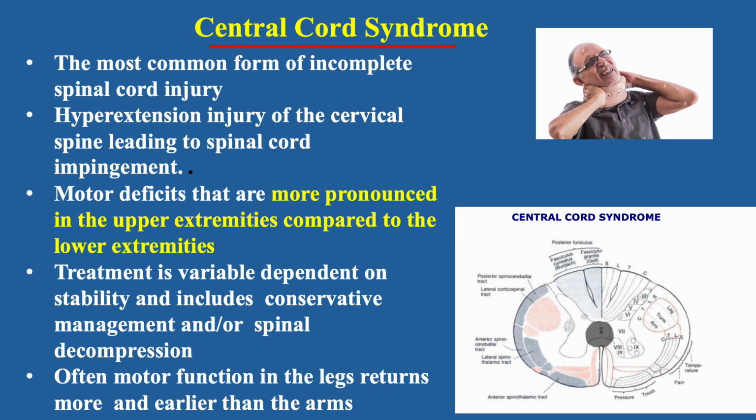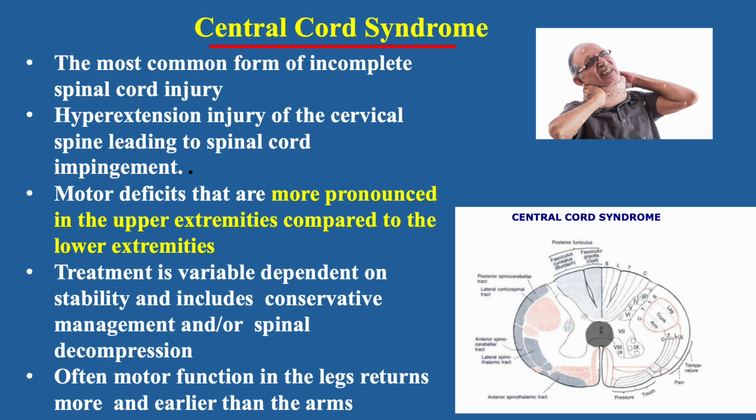Central cord syndrome. Central cord syndrome is characterized by disproportionately greater motor impairment in the upper compared to the lower extremities, due to the more centrally located anterior gray column containing the motor neurons over the upper extremity. It usually results from traumatic hyperextension, which causes spinal cord impingement, leading to major injury to the central corticospinal tract of the spinal cord.